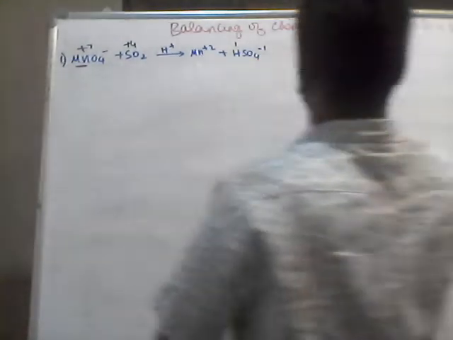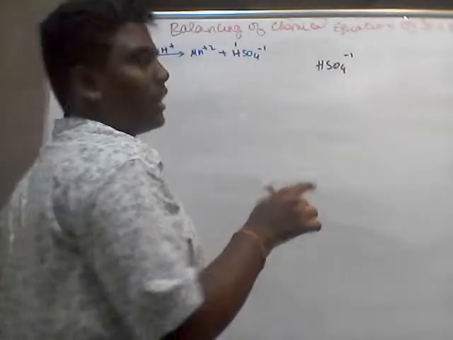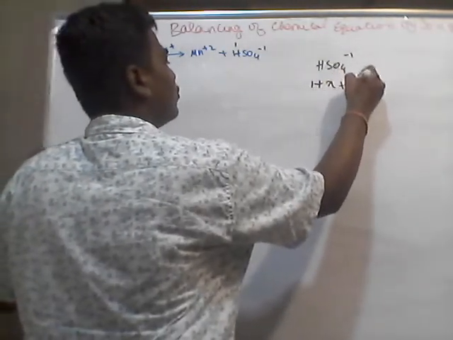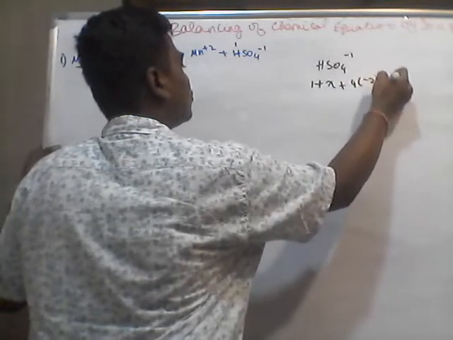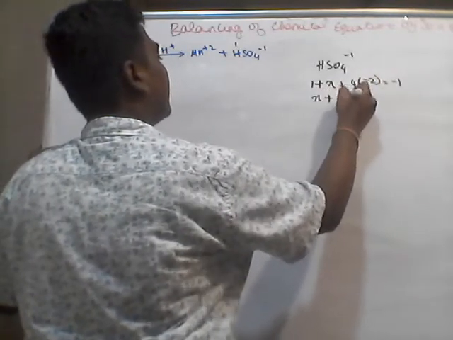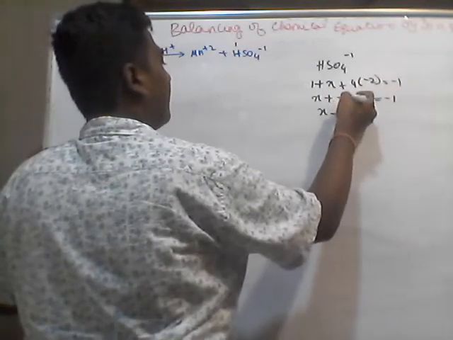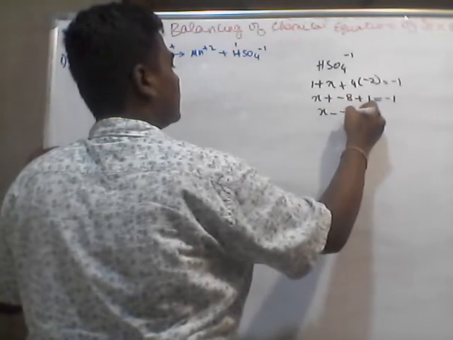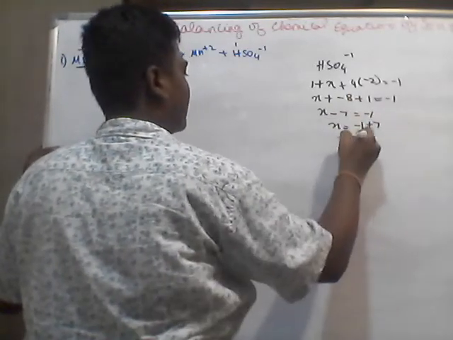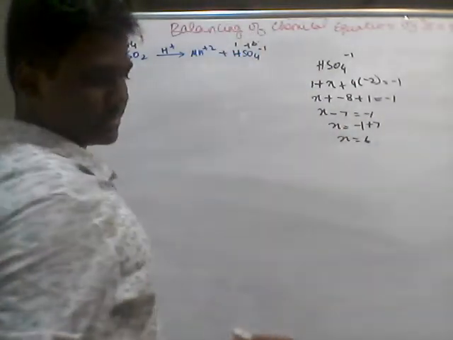HSO4 minus 1: H is 1, S is x, 4 into minus 2 is minus 8. So 1 plus x minus 8 is equal to minus 1, x minus 7 equals minus 1, x equals minus 1 plus 7, x equals 6. So sulfur charge is plus 6.